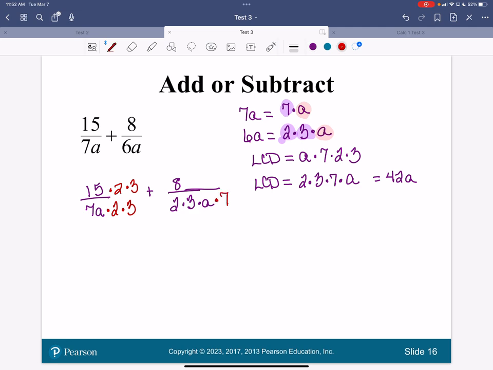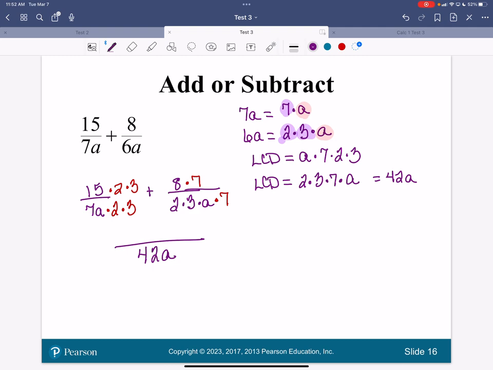So what do I have to do to the numerator? Times 7. Now in this step, I can write it down as 42a. Keeping it broken down helps me identify what's missing. And it helps me find the equivalent fractions. Okay? That's what happens there. So I've got 42a.